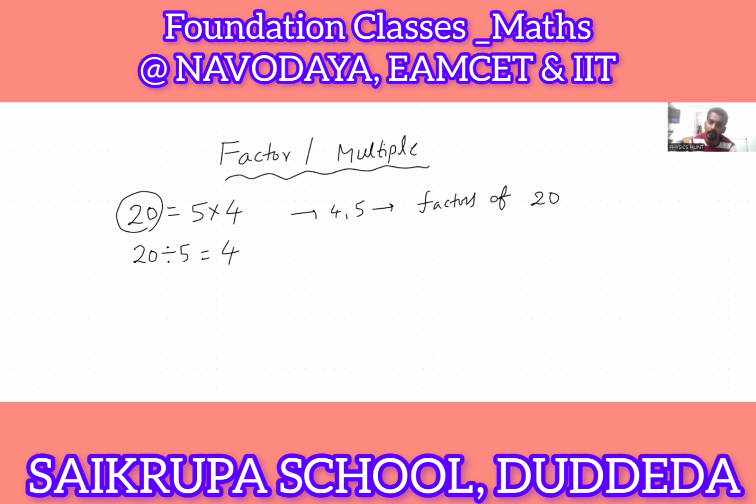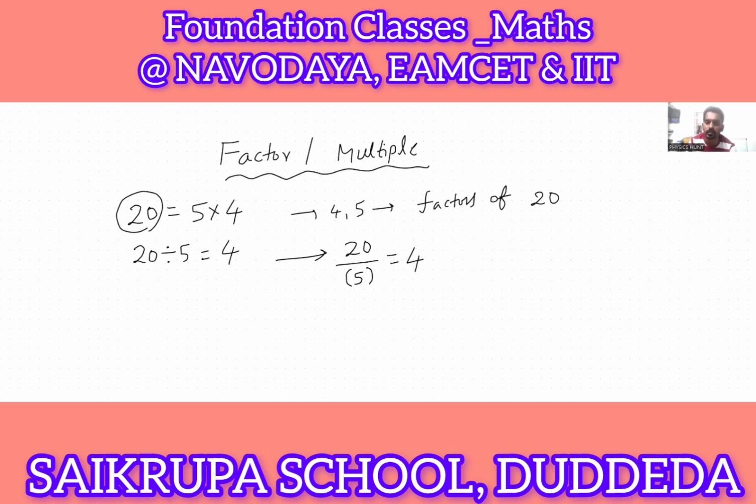Or else, in another way, if there is a number like 20, you divide with some number like here 5, so that there is no remainder. There is no remainder. Perfect divisor, that is called. So if you divide 20 with 5, then you will get 4 exactly. 5 4s are 20.